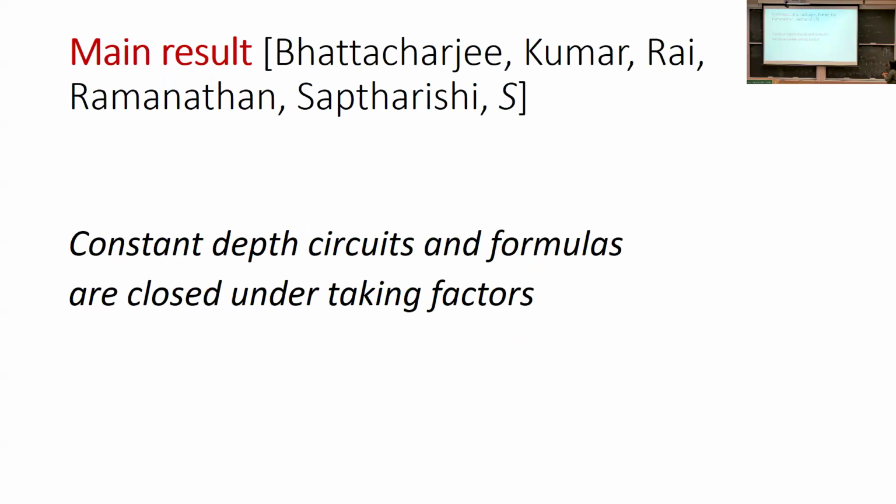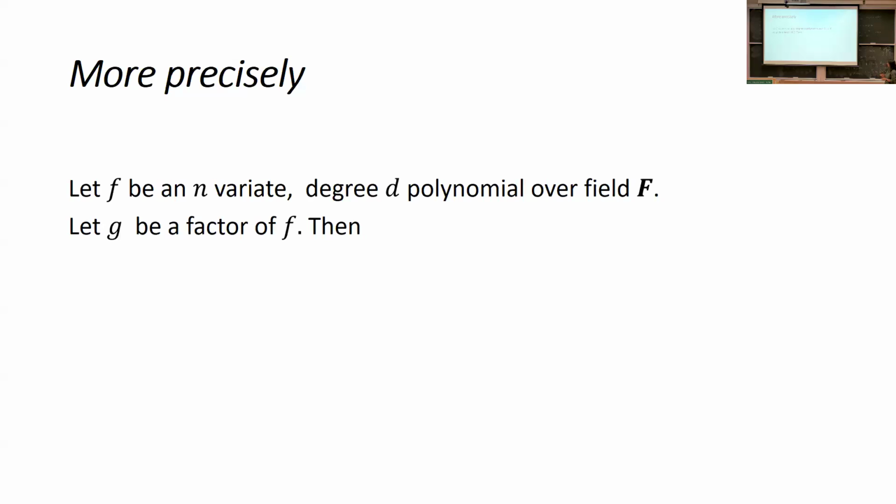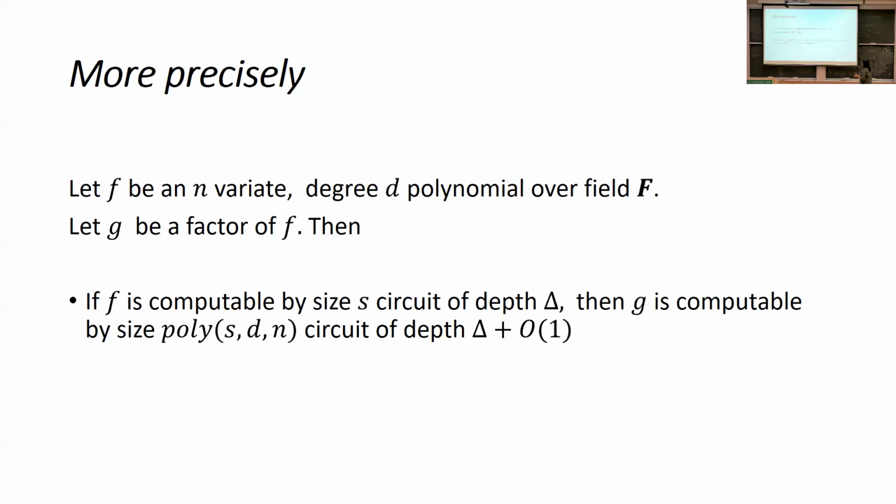But what I'll talk to you about today, which is a very recent work from a few months ago, is that now we can show that even algebraic formulas and constant depth circuits are closed under taking factors. So here's the statement of the result. Pick any field F and let little f be an n-variate degree d polynomial, and suppose g is a factor of f.